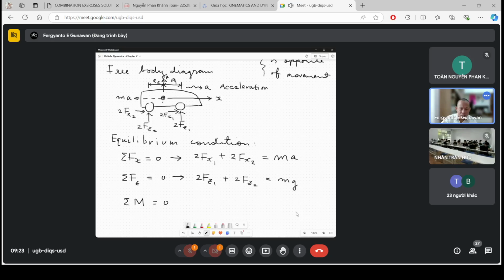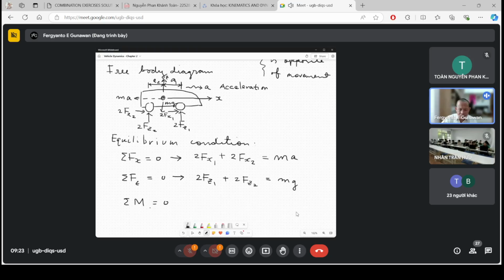We assume the weight is going down here. This is the weight of the vehicle. So as you can see, it's a very simple governing equation.